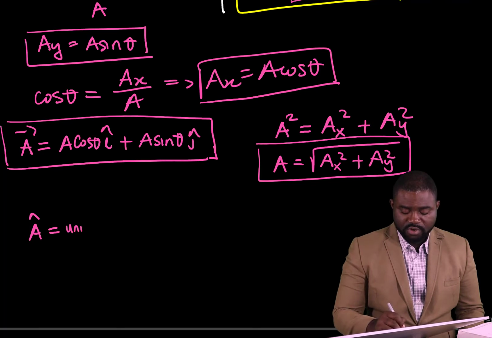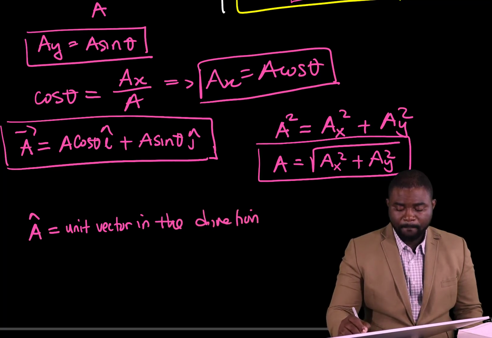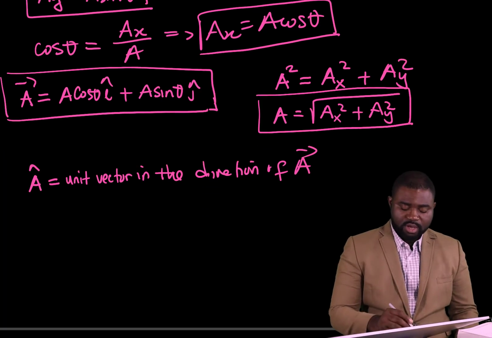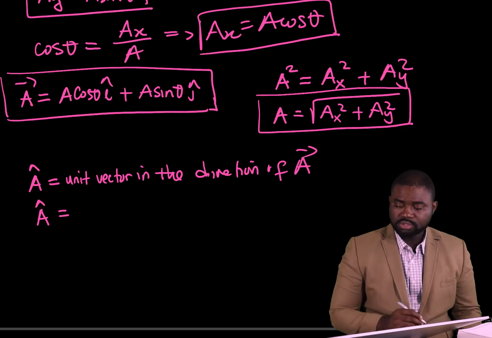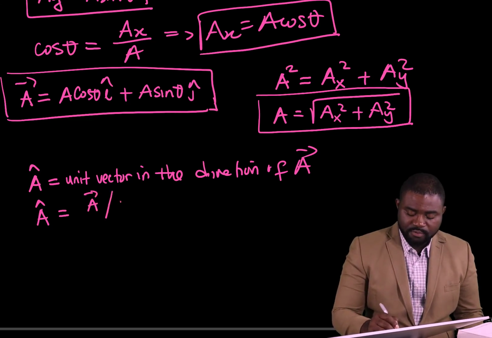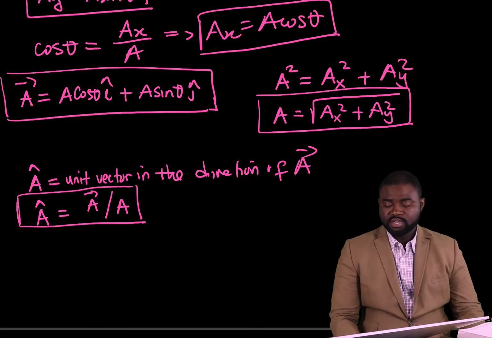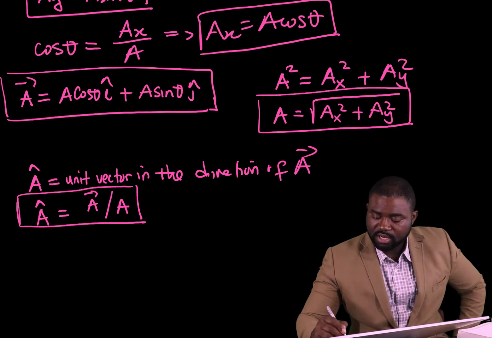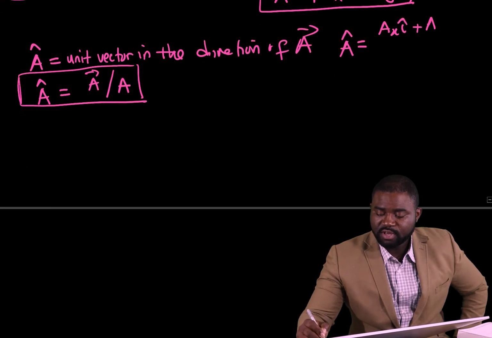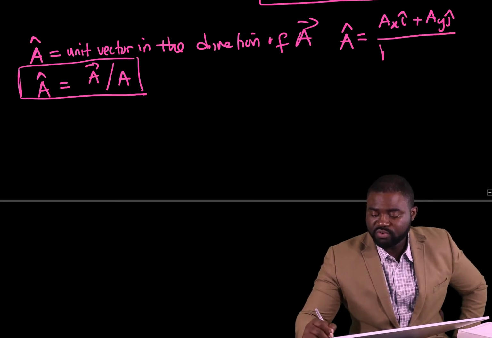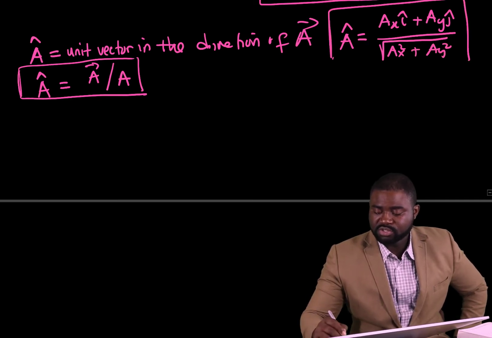A hat represents a unit vector in the direction of vector A, and A hat will be given by vector A divided by the magnitude of vector A. That means that A hat is just equal to ax i plus ay j divided by the square root of ax squared plus ay squared. Now we're going to do some examples to illustrate this.